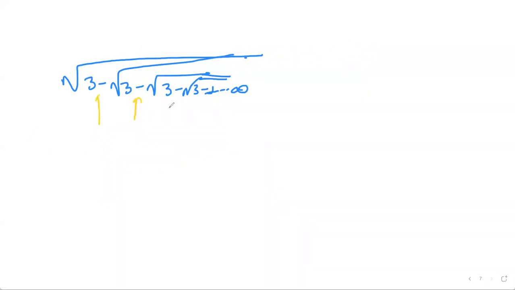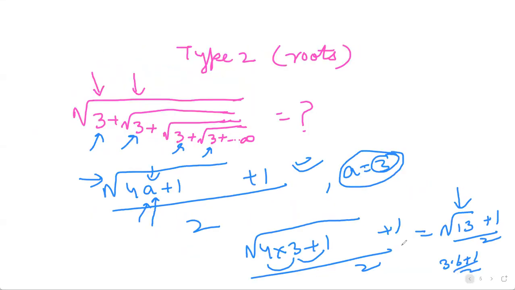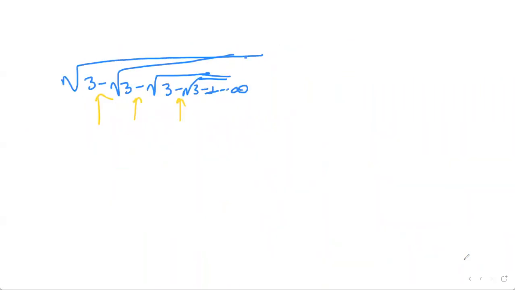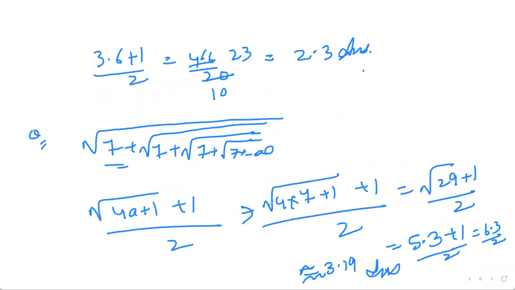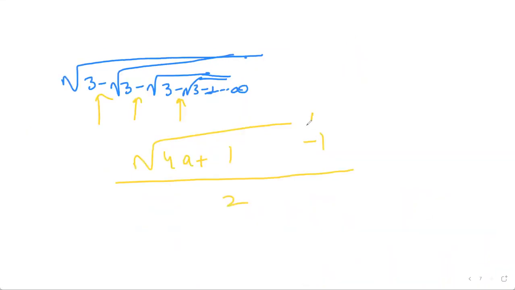And in the previous one it is plus. So the formula will change a little bit. Here you can write root of 4a plus 1, minus 1, upon 2. In place of this plus, you will write minus. Now solve this question.